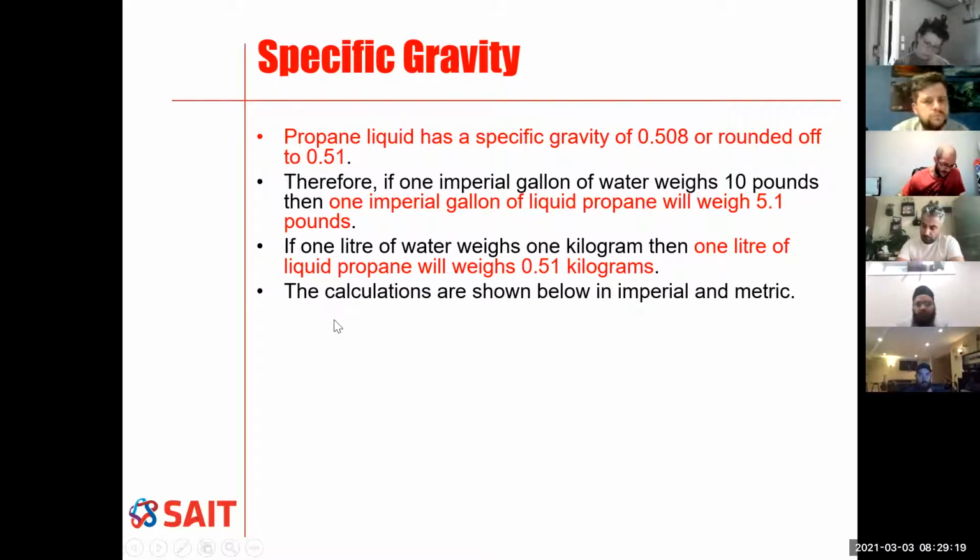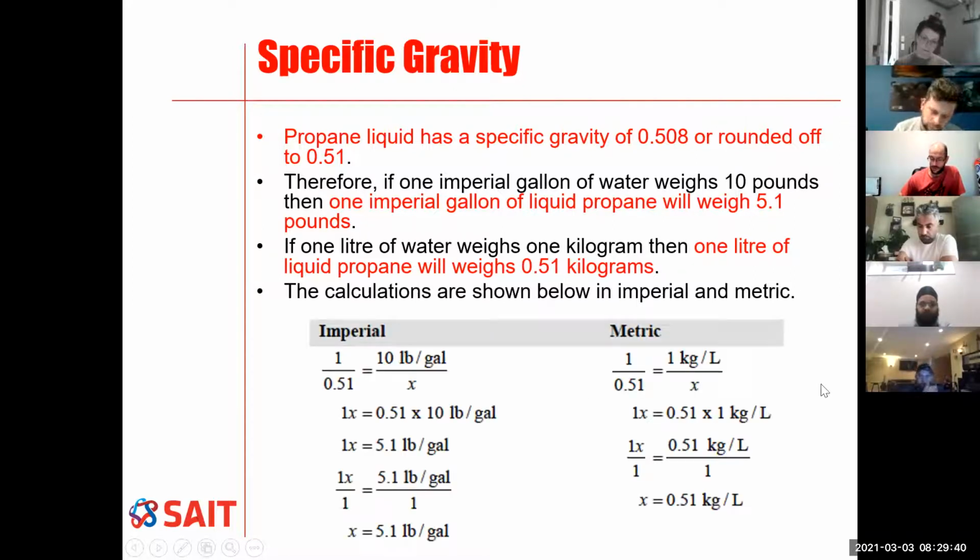That's exactly what it would be, because we just take the relative density and multiply it by the standard, which is water. Again, 1 liter of water weighs 1 kilogram, then 1 liter of propane weighs 0.51. And there is how they got those numbers.